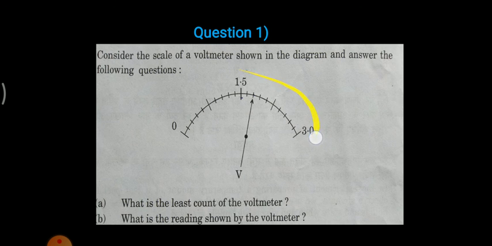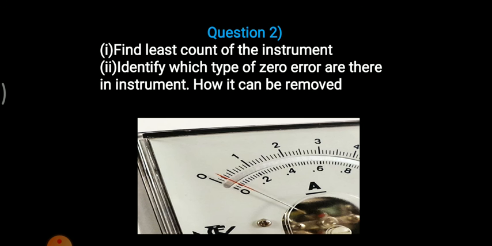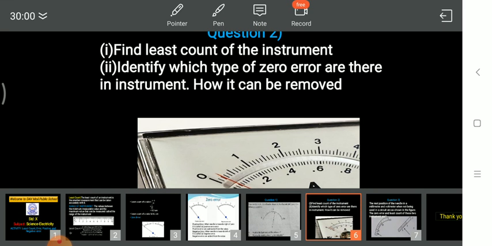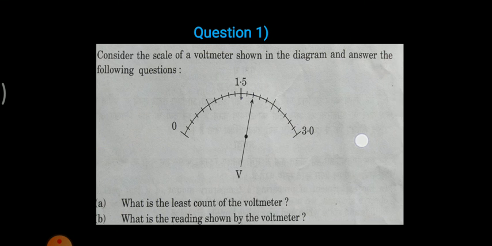The first thing you have to find out is the least count of this voltmeter, and the second is the reading of this voltmeter. The needle is pointing towards this number, so you have to find that reading. Now the second question: this is a milliammeter, rather an ammeter, which is used to measure current, whereas a voltmeter is used to measure potential difference.